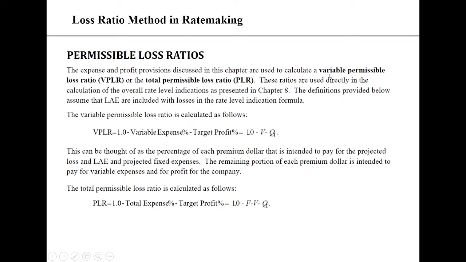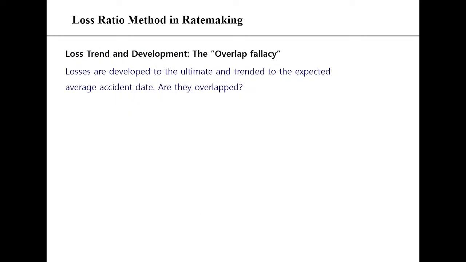There are two different kinds, variable and total permissible. The difference is just the fixed expense or buried expense and that kind of thing. And virtually we can get the permissible loss ratios from the balance sheet. And that's what the loss ratio is doing.